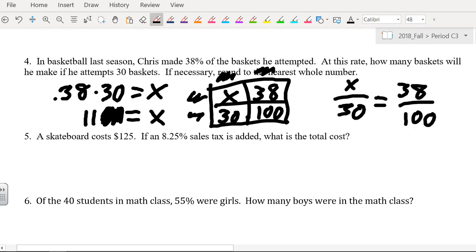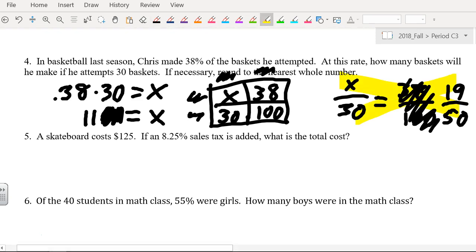Okay, so we're going to take this by half, make it smaller. So we got 19 out of 50. We still can't multiply across. How come we can't multiply across on any of these problems? Well, I didn't write the test. Okay, 50 times x equals 30 times 19, which I don't know.